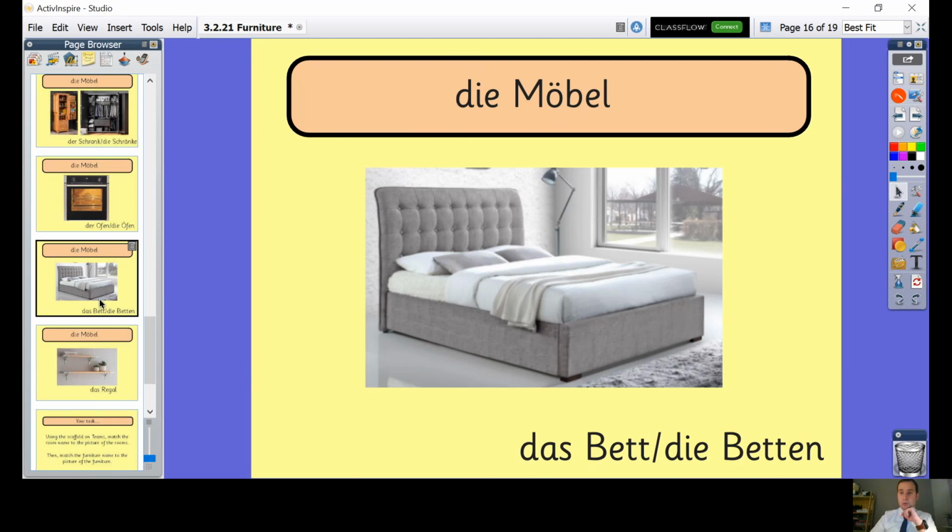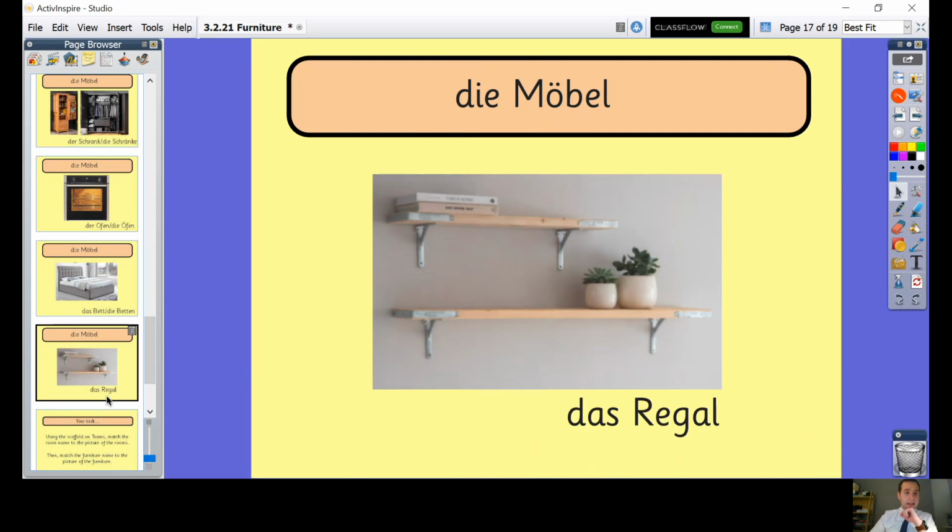You say that, das Bett or die Betten. And then das Regal, which is a shelf. Das Regal. Notice I don't say das Regal, I say Regal. It makes it a slightly shorter sound afterwards. Das Regal.